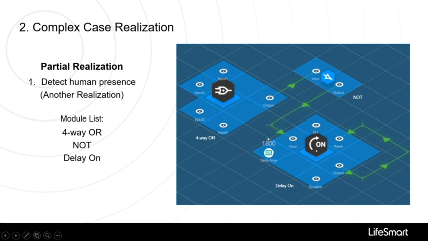And during these 30 minutes, if any of the motion sensor inputs detects a movement, the output will become 1 immediately, and after the NOT operator, the signal will become 0. So the input of the delay on will receive a 0, so it will stop the counting immediately, and meanwhile it will refresh the counting value.